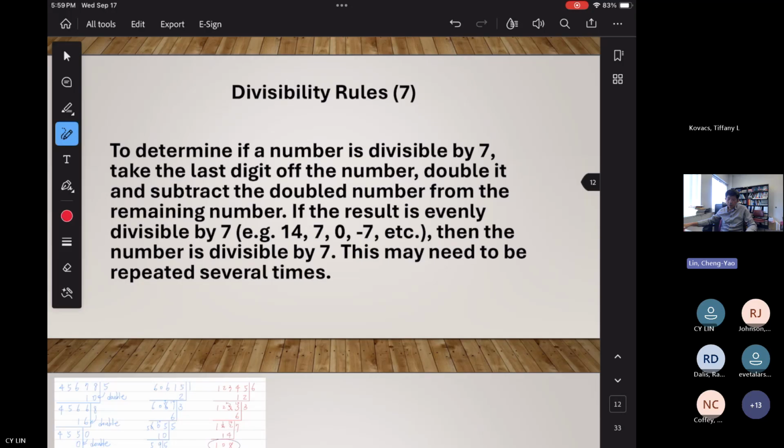If the result is evenly divisible by 7, for example 14, 7, 0, negative 7, etc., then the number is divisible by 7. This may need to be repeated several times.